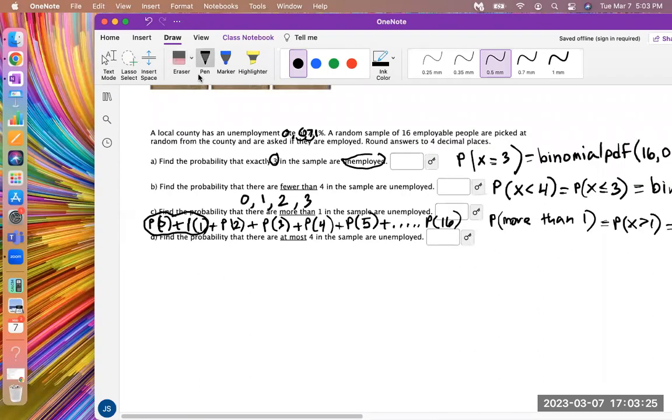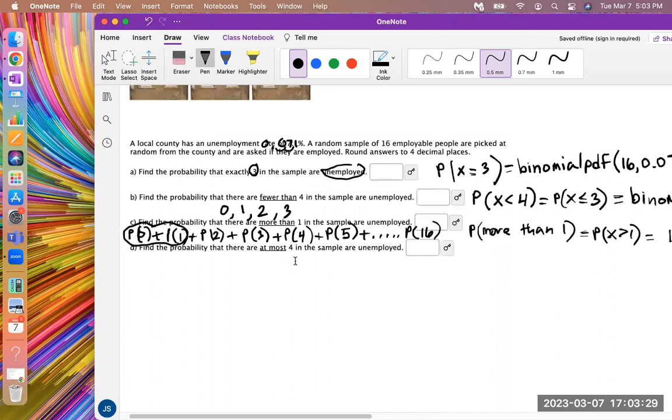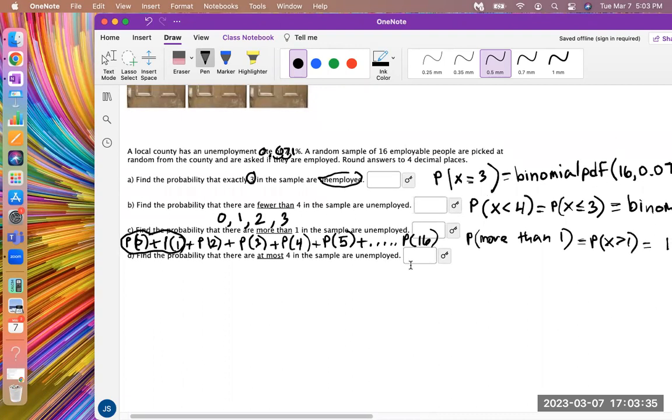This last part says find the probability that there are at most 4 in the sample that are unemployed. So we have to think about what at most 4 means. At most 4 means 4 or fewer. That's the probability of X being less than or equal to 4.